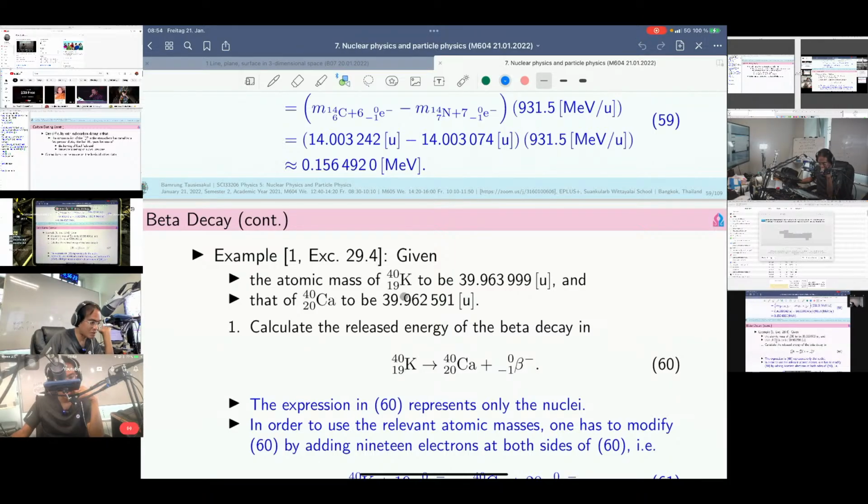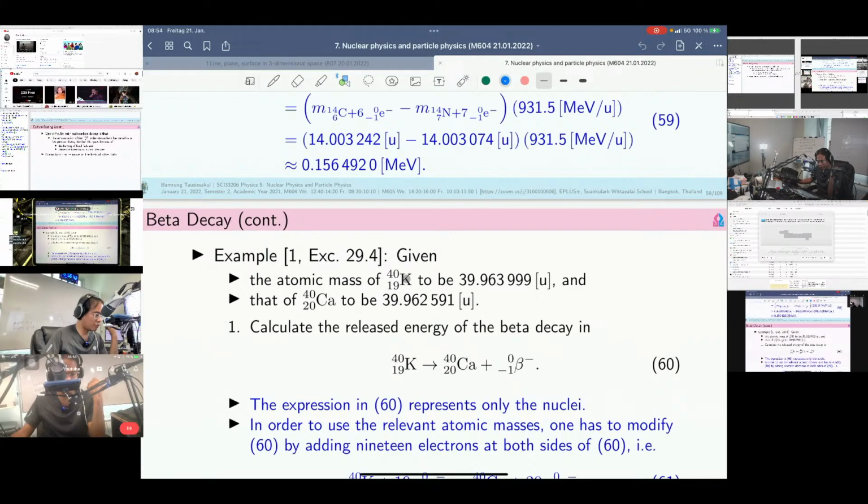The next one is calcium 40. It's the next element after potassium, right? It has one more proton. This one has 21 neutrons, and this one has only 20 neutrons.